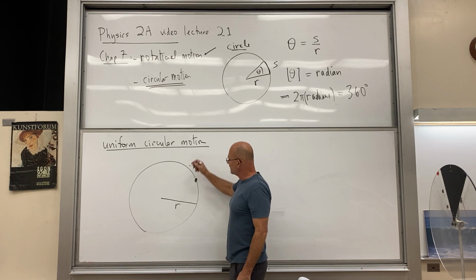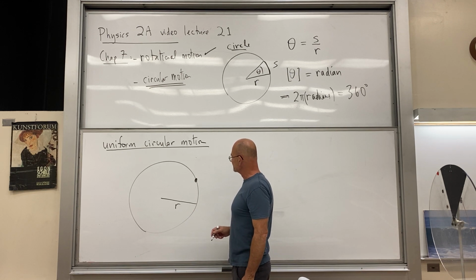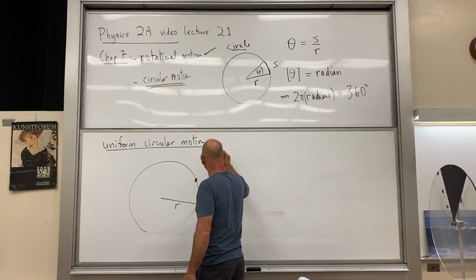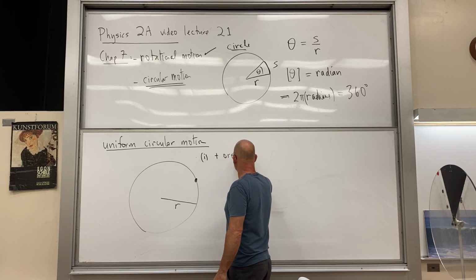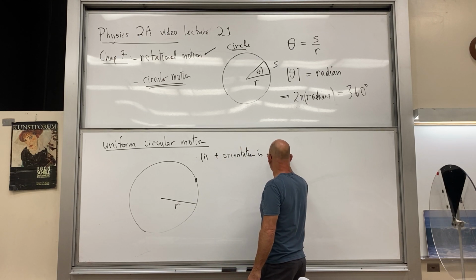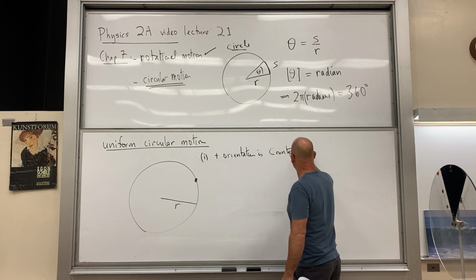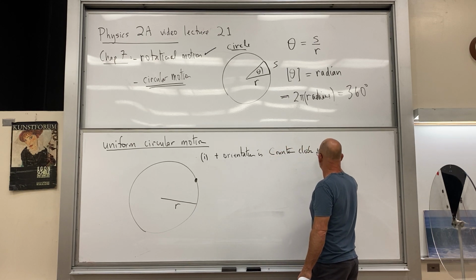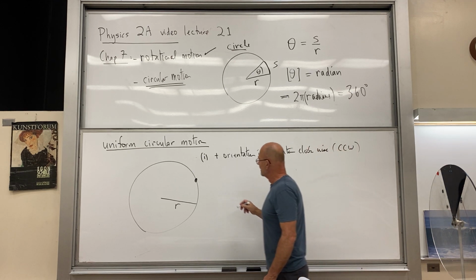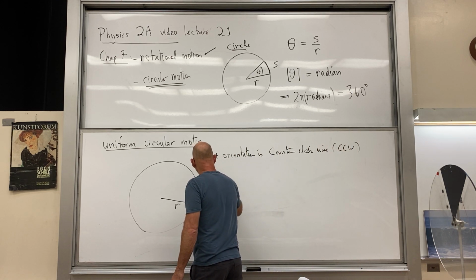So counterclockwise is the positive orientation. And if we say uniform circular motion, so I'll just write here, positive orientation is counterclockwise.